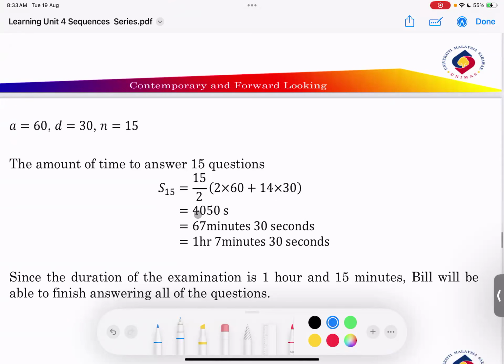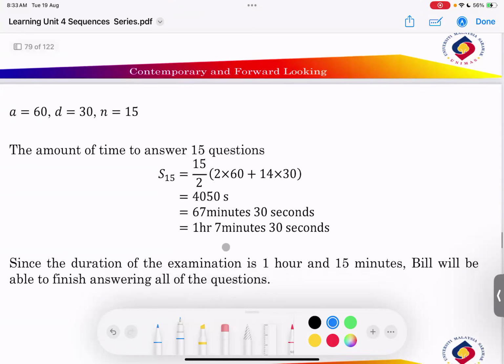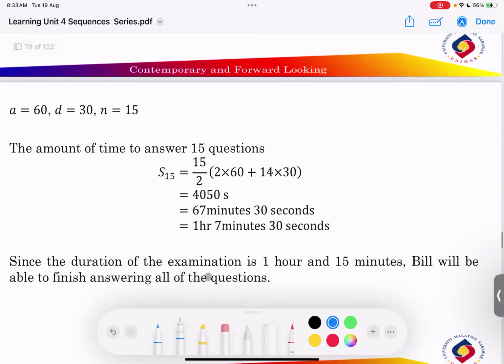So it's 4,050 seconds. You convert them into hours and minutes. You will find that since the duration of the examination is 1 hour and 15 minutes, Bill will be able to finish answering all the questions. So we are using the sum formula to answer this question. Make sure you use the right formula.